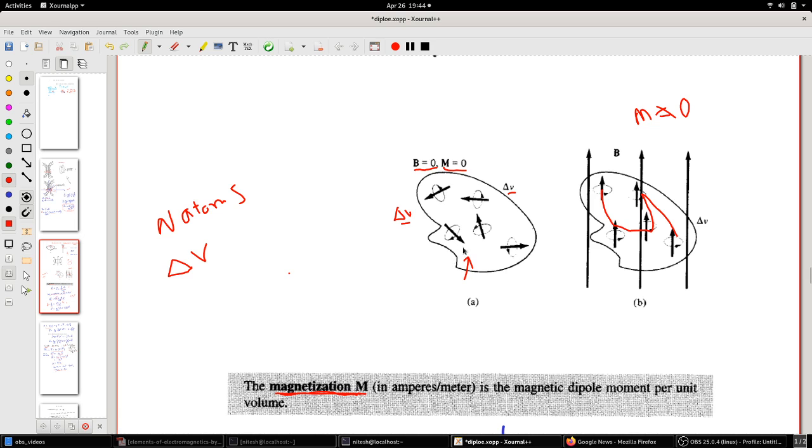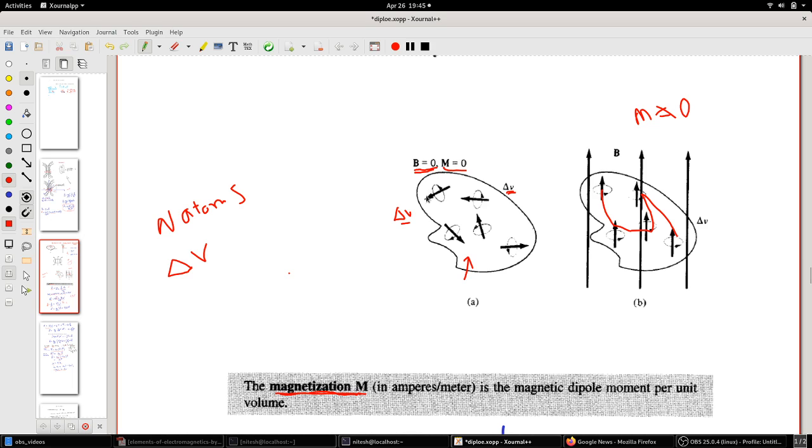So let's assume there is a material and there is no external magnetic field, where your B is equal to 0. We have assumed that there are n atoms over a given volume delta V. Every atom will have its own electrons orbiting and spinning. That motion generates a magnetic dipole moment, because it can be modeled as a current loop.